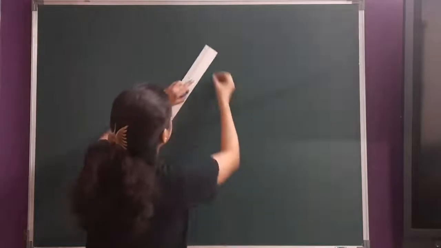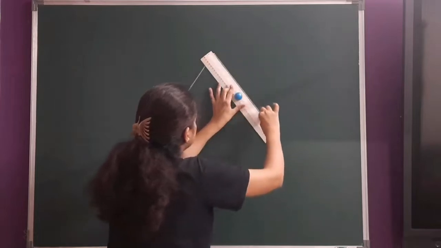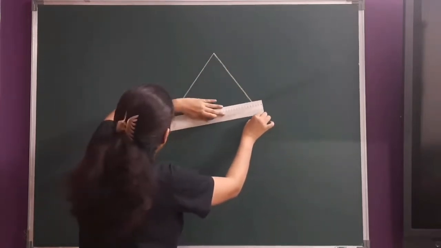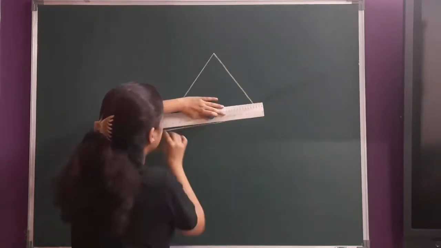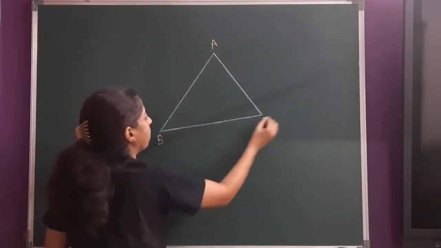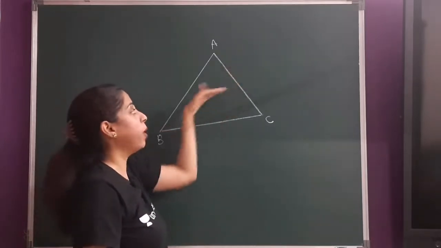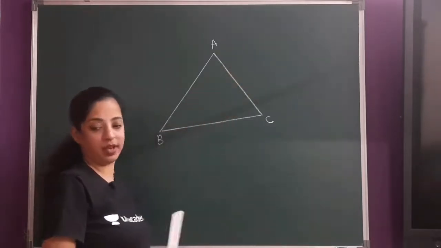Now let's quickly revise. So I'm again drawing the triangle. So this is the triangle that I have drawn. Say triangle ABC. Now I have to take any two sides and draw the perpendicular bisectors of these two sides.